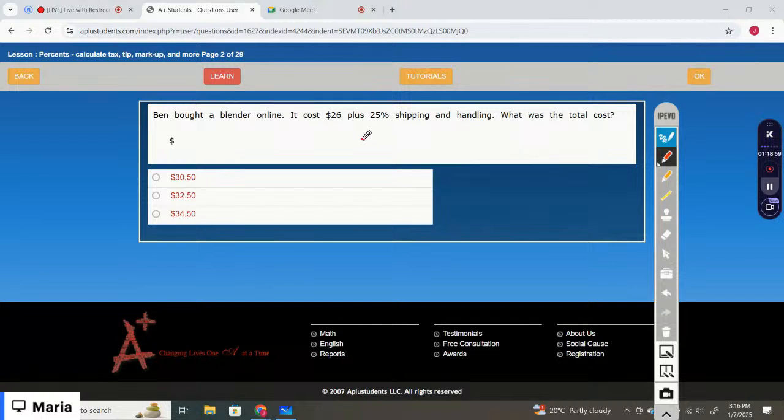Because you need to calculate shipping and handling. So 26 times 25 over 100 is 6.5. So that means the shipping and handling is 6.5. So just add 26 plus 6.5, which is 32.50. Option number 2 is the correct option.